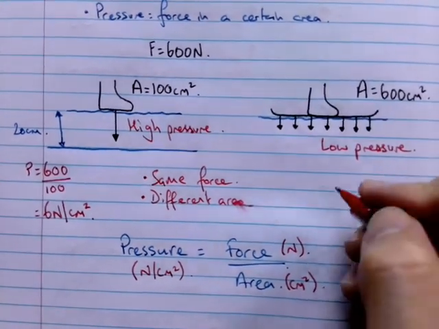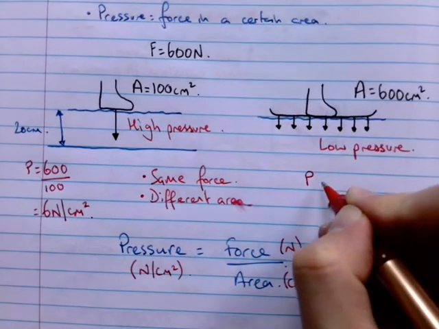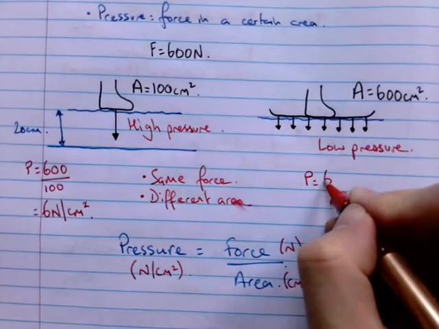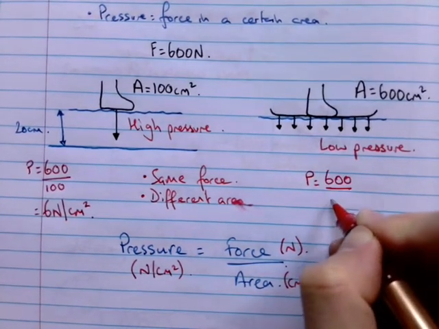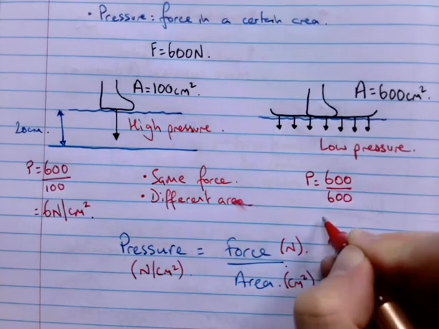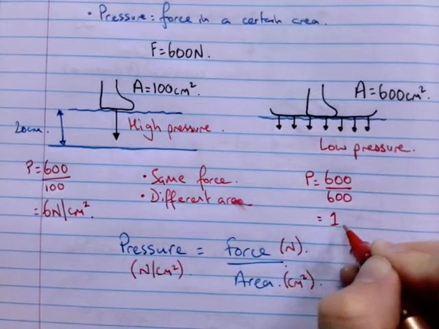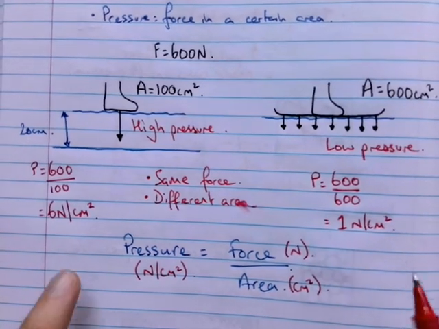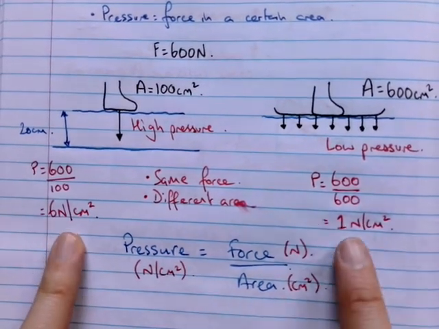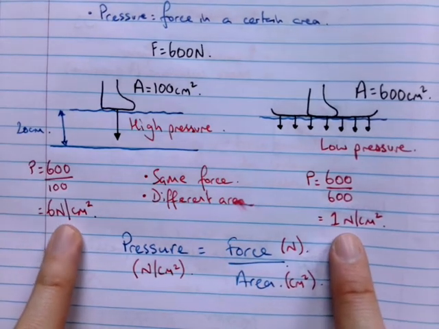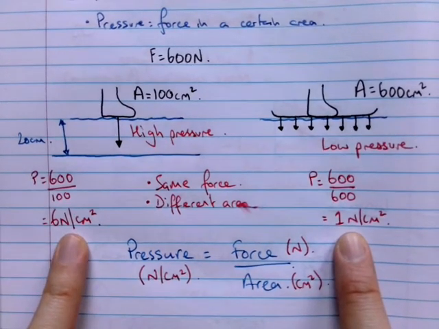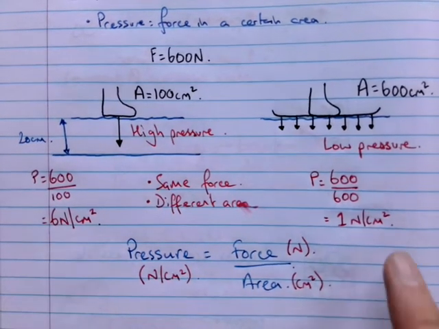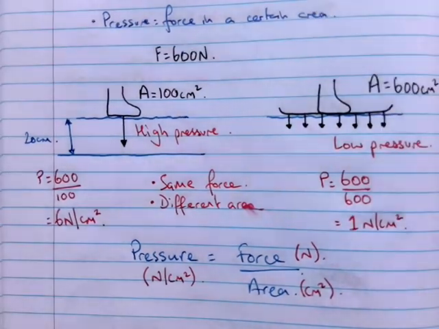All right, now, over here, what do we get? Well, the pressure is going to be the force, which is still 600, divided by area, 600, which is 1 newton per centimetre squared. So you can see that by increasing the area, I've decreased the pressure for the same force.